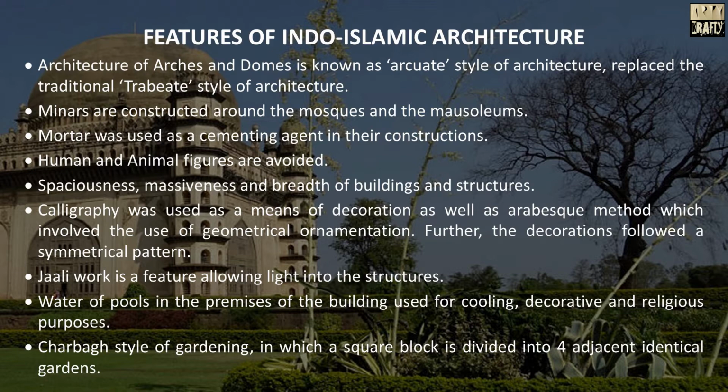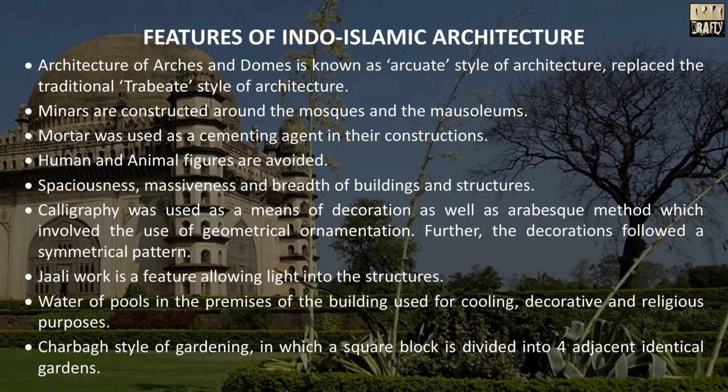Calligraphy was used as a means of decoration as well as the arabesque method, which involved the use of geometrical ornamentation. Further, the decorations followed a symmetrical pattern. Jali work is a feature allowing light into the structures.